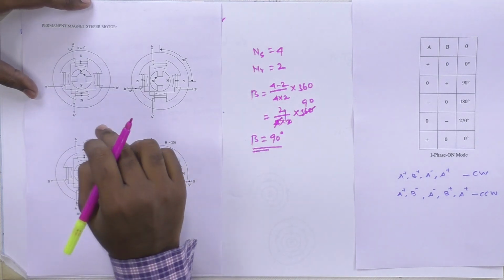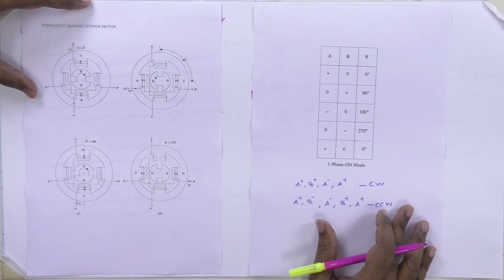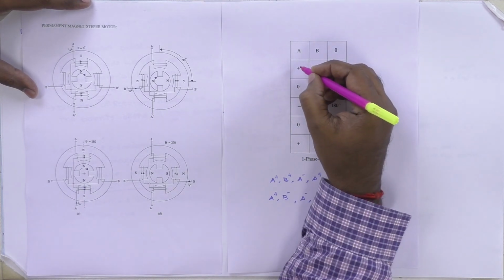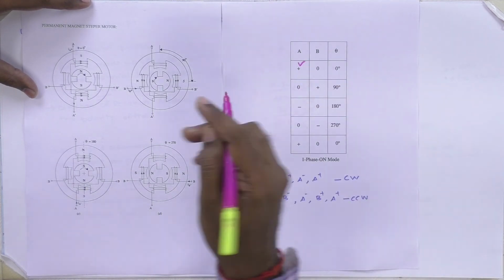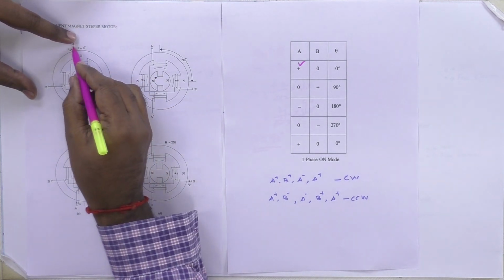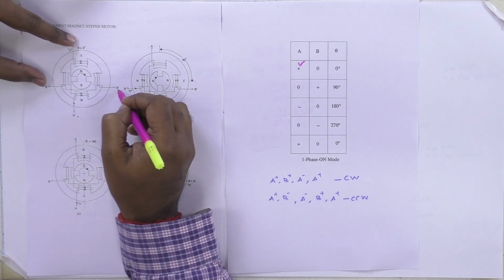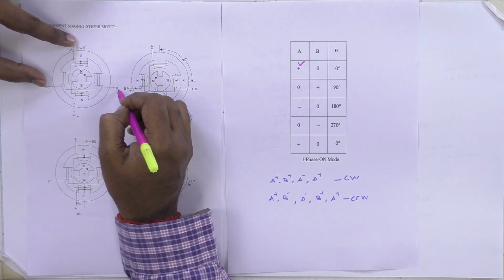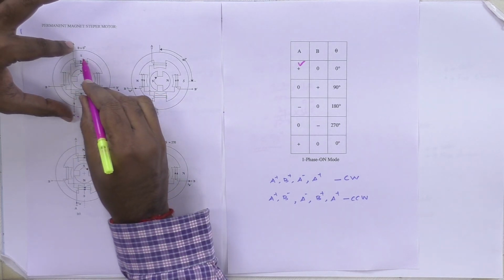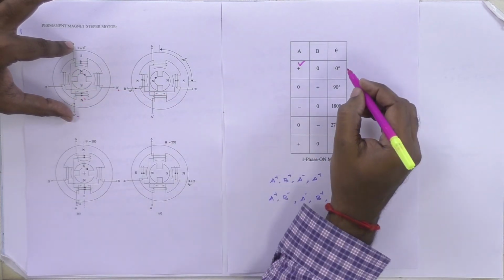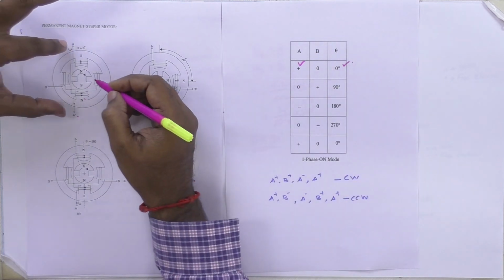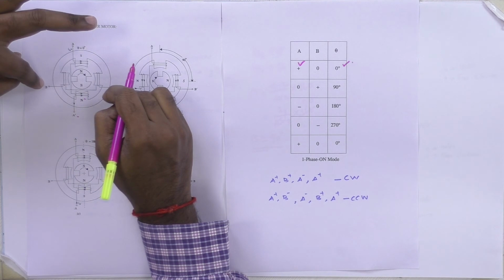Now first we see the single phase on mode. The A coil is energized, that is IA plus, and we include A dash as one phase and B dash as another phase. Now we give supply to A dash, so the rotor is aligned with this north and south pole, and the angle of rotation is 0 degrees. Now A is de-energized and B is energized.